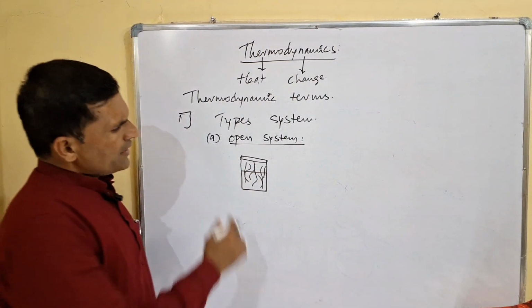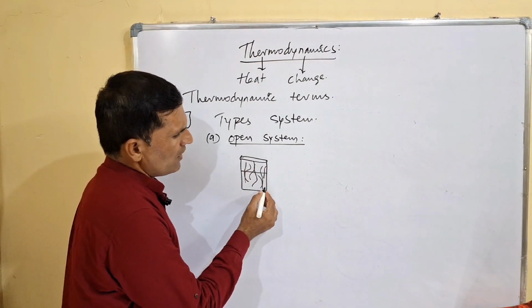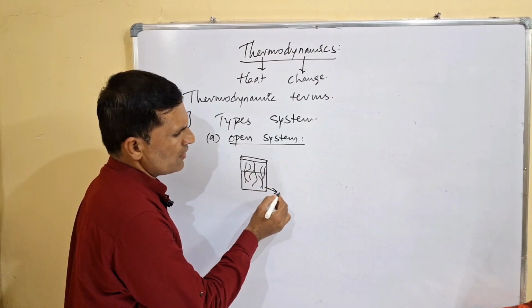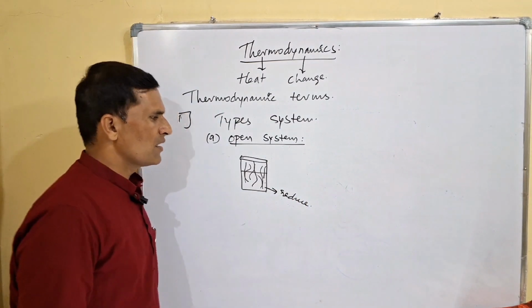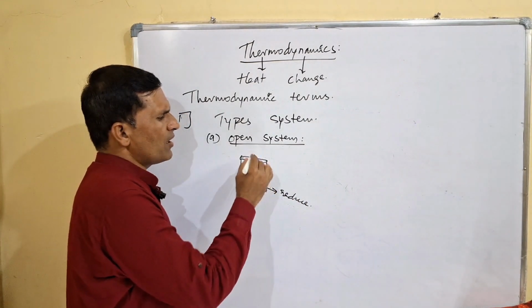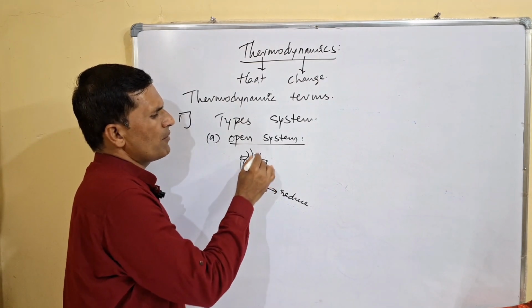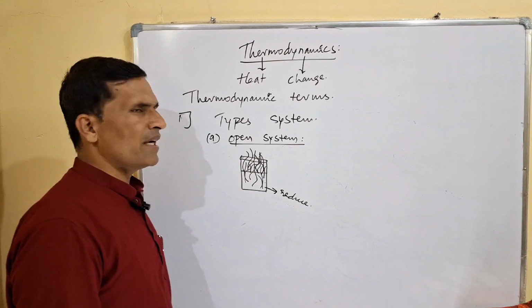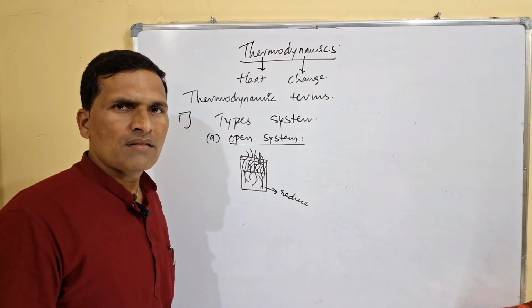As you keep it for a longer time, the temperature of this hot water is going to decrease. Along with that, you will observe that water vapors are present over the surface, and they are continuously exchanged with the surrounding.